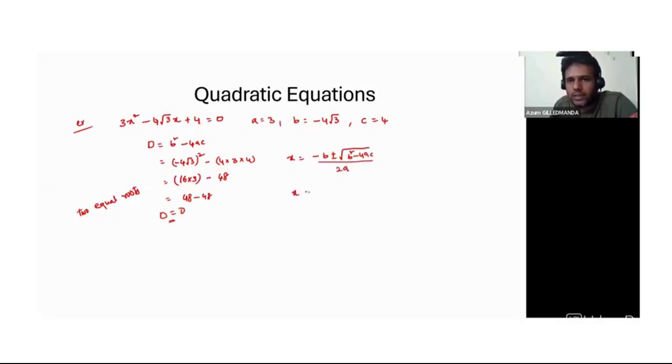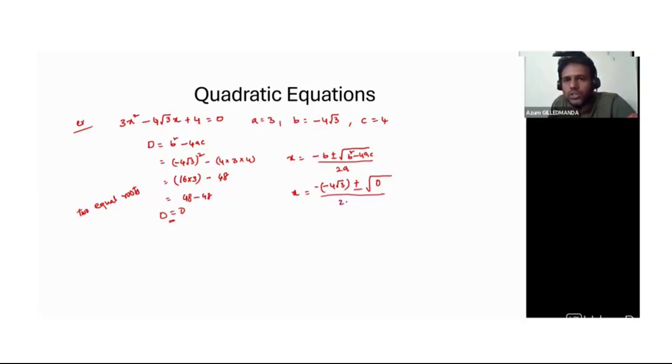Okay, so x, minus b. So minus of minus 4 root 3, that becomes plus 4 root 3 plus or minus square root of b square minus 4ac, we already found. So I just substitute this value. This is 0. Square root of 0 is nothing but 0 by, see, finding discriminant will help here as well in solving the roots, because you can directly substitute that value, whatever the value you got, in under square root.